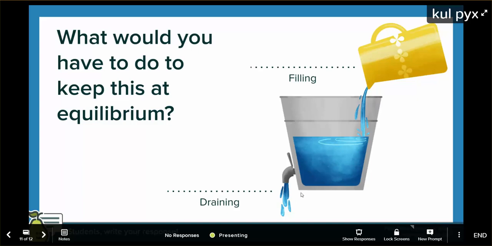If we drained a giant hole, made this bigger, the water level would go down, and therefore it's not at equilibrium. If I add too much water and the water level goes up, it's also not at equilibrium. To make sure it's at equilibrium, we want to make sure that the water level stays the same.